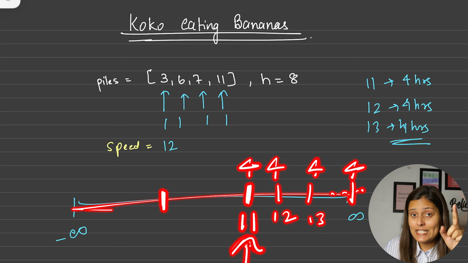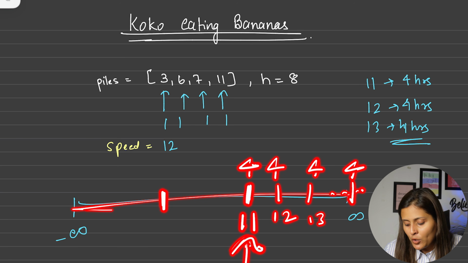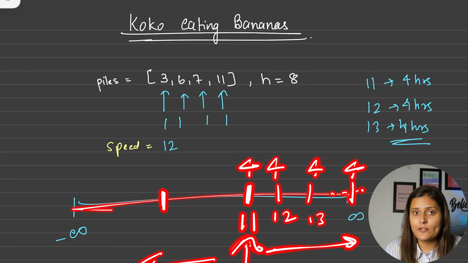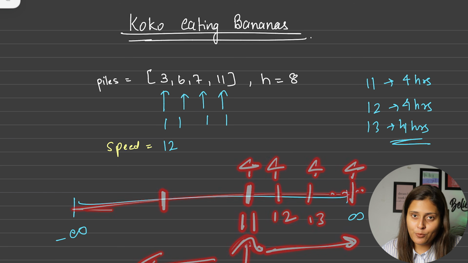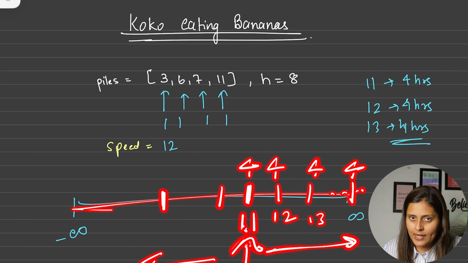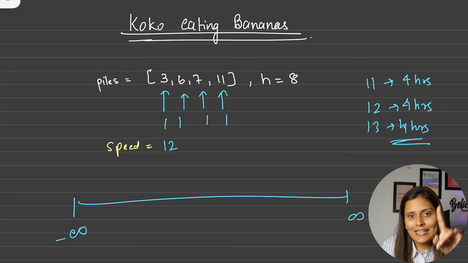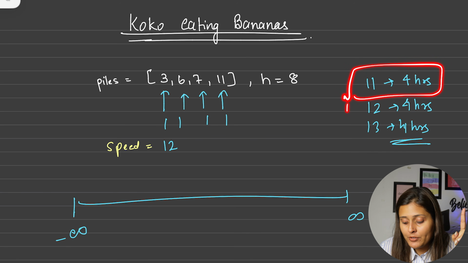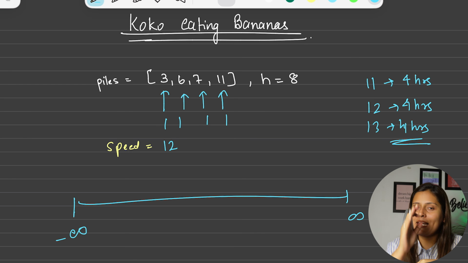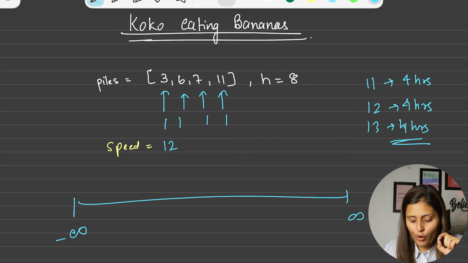So when 11 says yes, I can complete all bananas within 4 hours, and you are looking for the minimum speed, do you think you will go for a higher speed or a lower speed? Definitely lower speed. You have to give the minimum speed. With 11 it is possible, so definitely you would like to try 10, 9, 8, 7 and so on. So that is the reason, when with 11 it is possible, we will not choose the higher ranges, and hence the higher limit in the binary search will be the maximum of this pile.